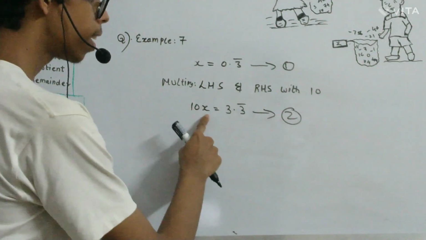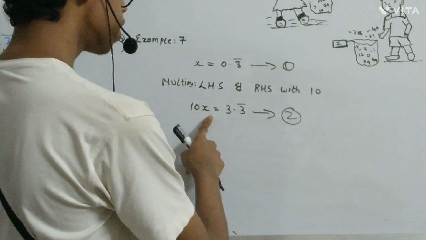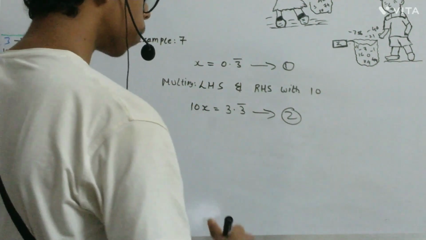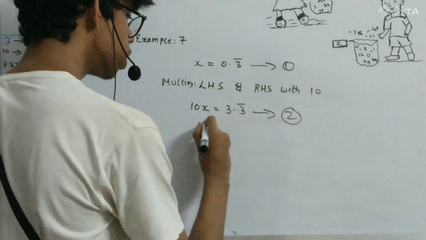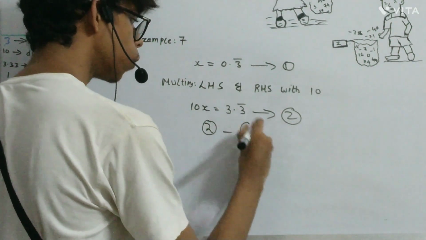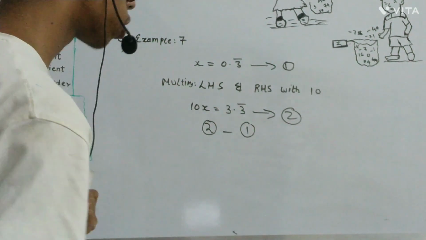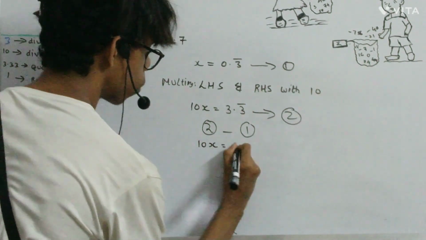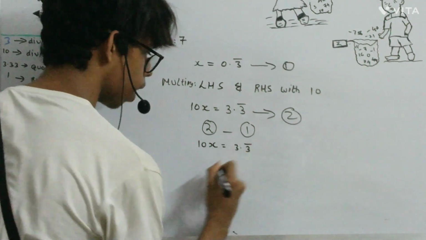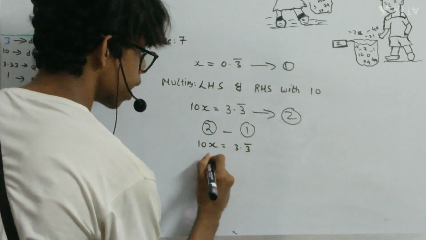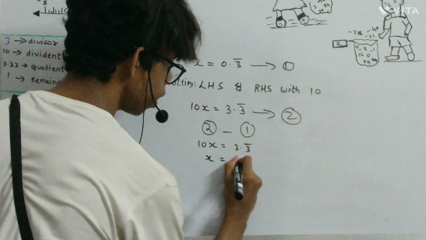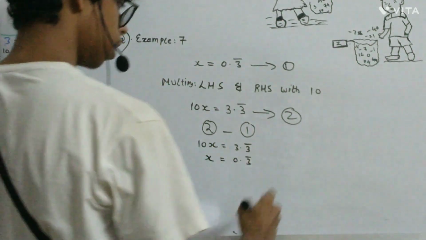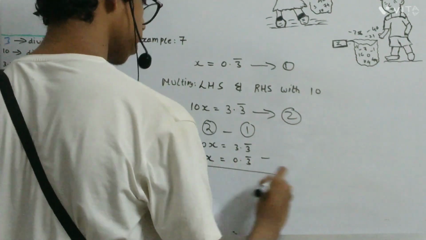Now here you see 10x is the bigger and x is a smaller number. So here what we should do is subtract the second equation from the first equation. So I will subtract and show that 10x is equal to 3.3 bar and our first equation is x is equal to 0.3 bar. So I have to subtract it.